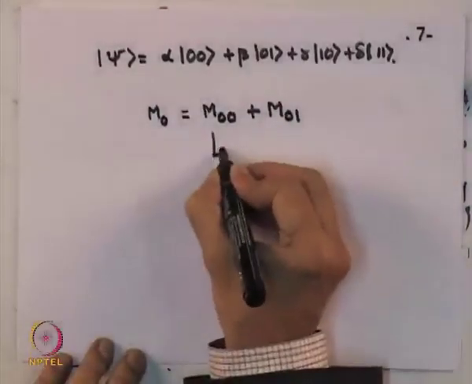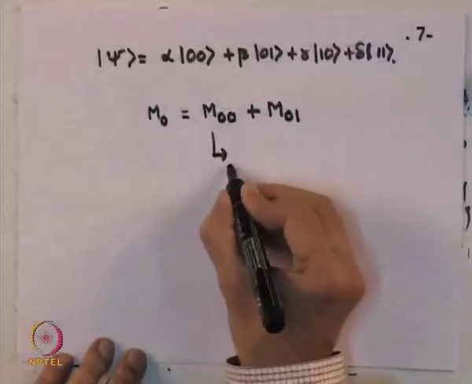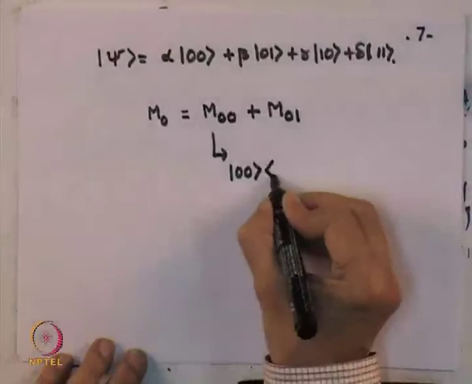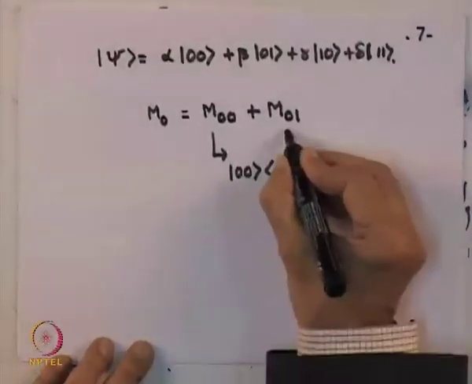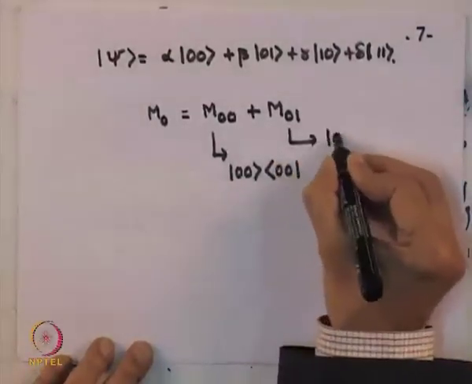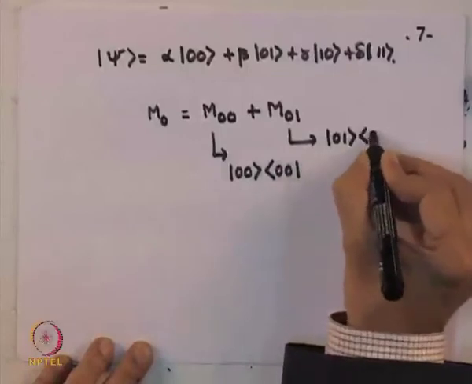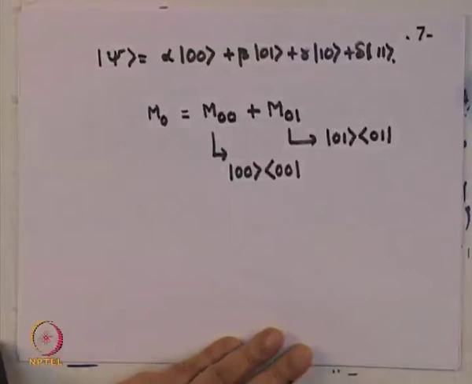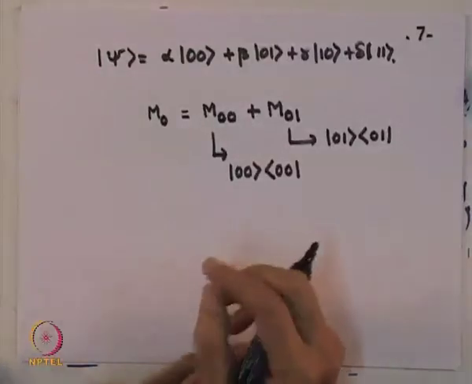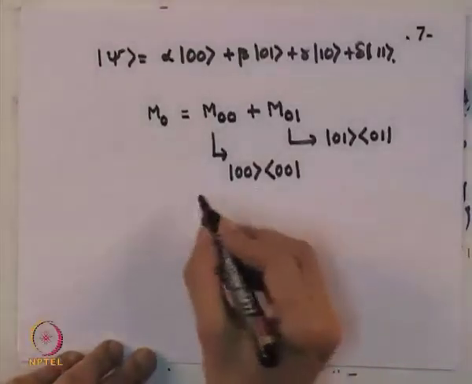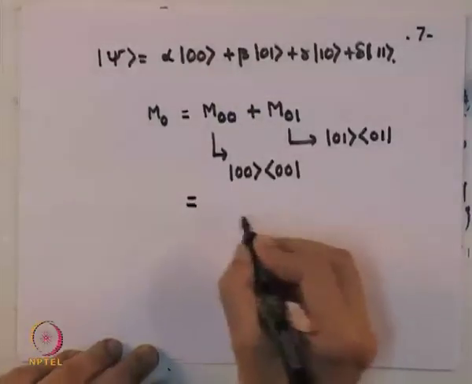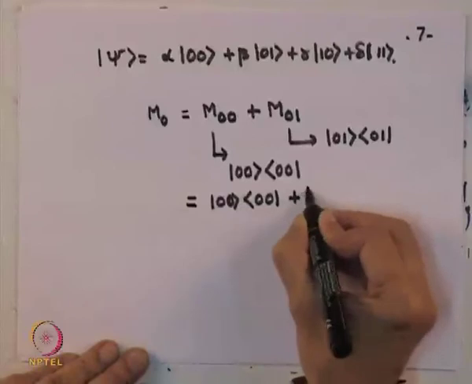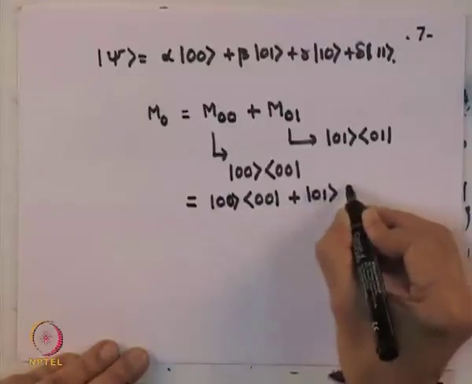And this one obviously is |00><00|, remember this is a 2 qubit state, and this one is |01><01|. So if you add them up, what do you get? You have got |00><00| plus |01><01|.